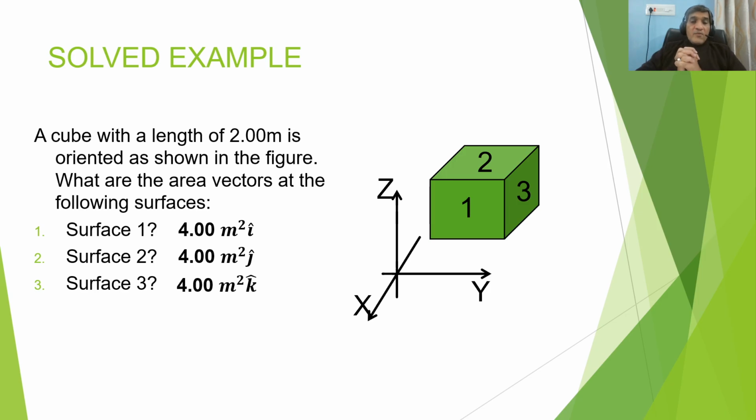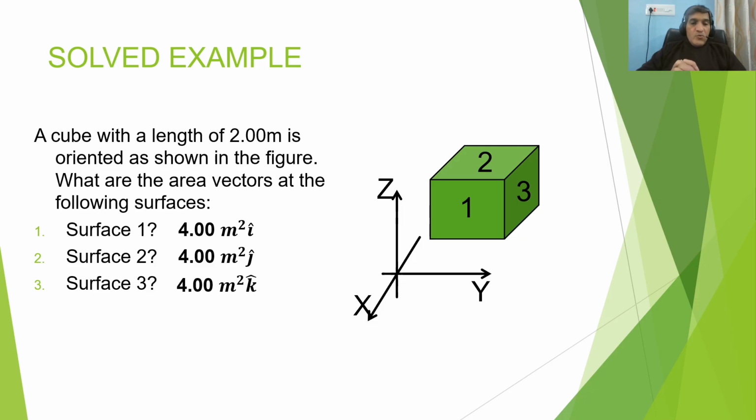For surface 1, the direction comes out to be k. As you see, by mistake we have typed a wrong direction. For surface 1, the answer is 4 meter square k, because the perpendicular direction goes in the k direction, or z direction.